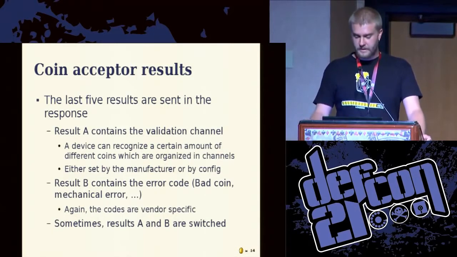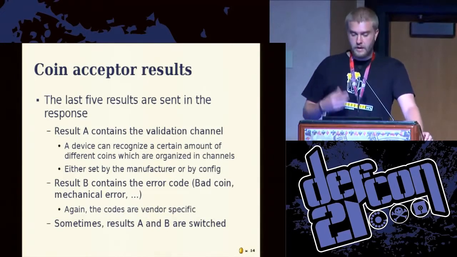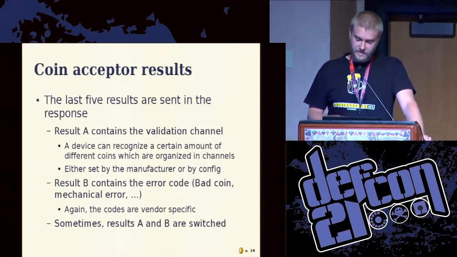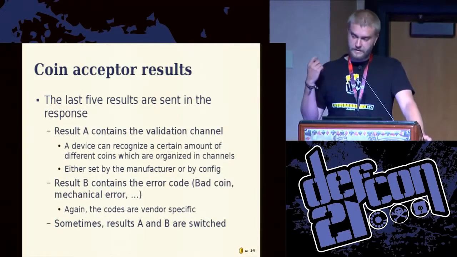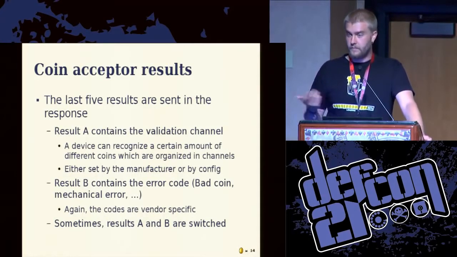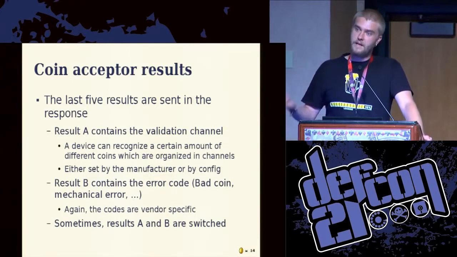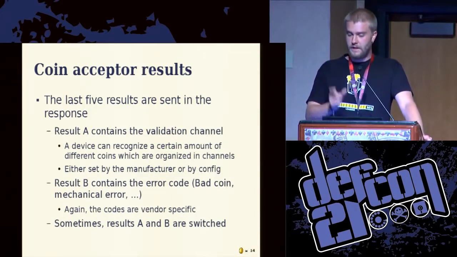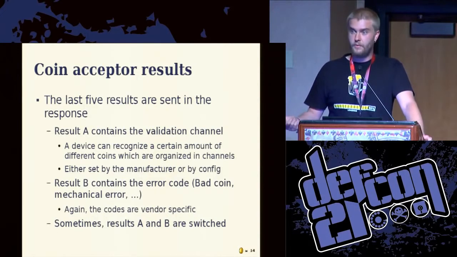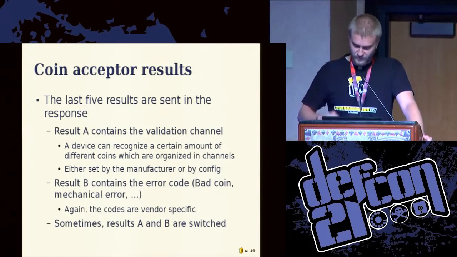Each one of these is assigned an ID, and it's that ID that is sent in the response. So there's a nice trick there, because the coin acceptor only knows an ID. It doesn't know which kind of coin it is or its value. And the main board needs to correlate the ID with the actual value of the coin that has been inserted. We'll check that after.